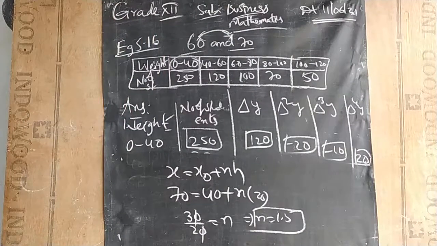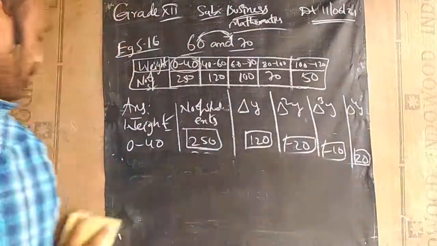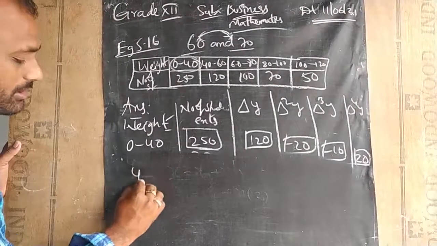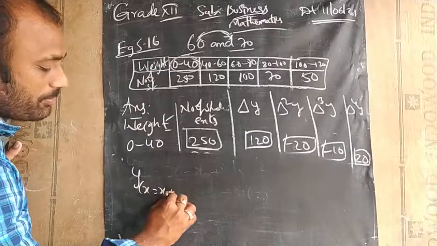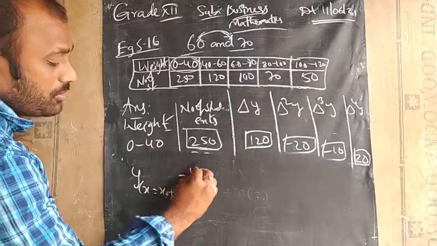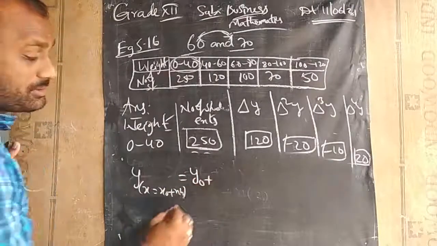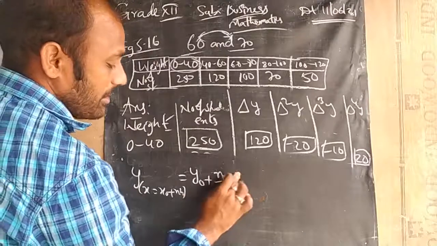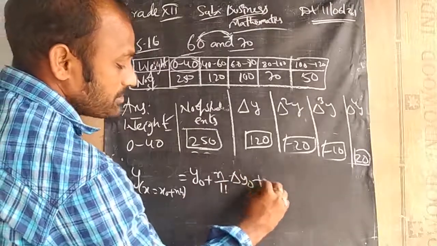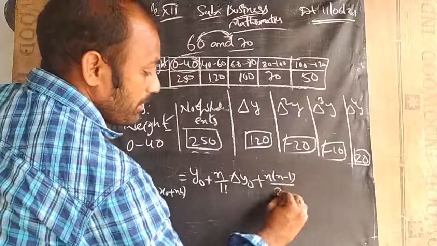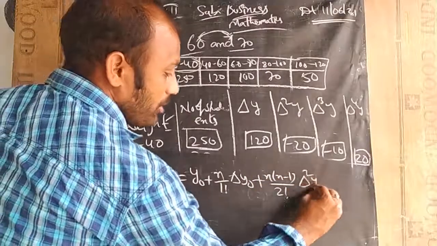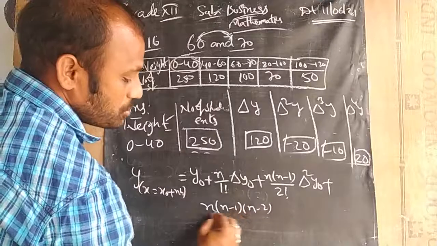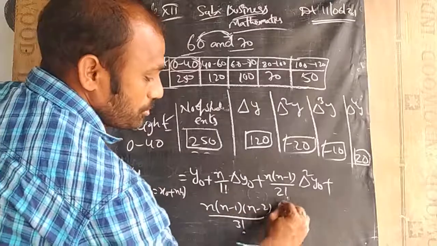The n value is 1.5. We will substitute in the formula. Now what is the formula here? Y at x equals x naught plus nh is equal to y naught plus n by 1 factorial into delta y naught plus n into n minus 1 by 2 factorial into delta square y naught plus n into n minus 1 into n minus 2 by 3 factorial into delta cube y naught.